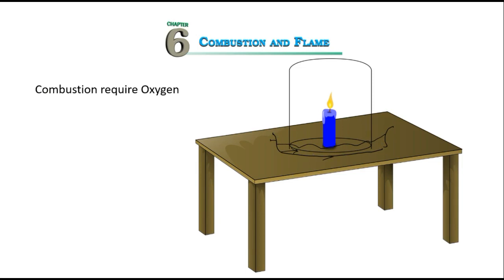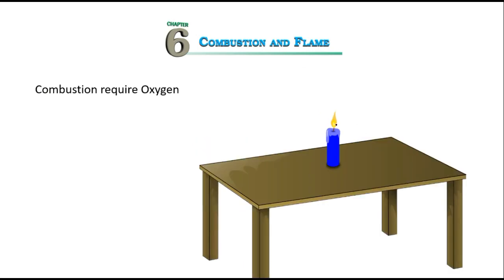Right? In the previous case, this burns because it requires oxygen. And where is oxygen? Oxygen is everywhere here. Air contains oxygen. So this is using oxygen to burn, and then it gives out heat, and therefore we call this process combustion. Now let us stop the supply of oxygen.